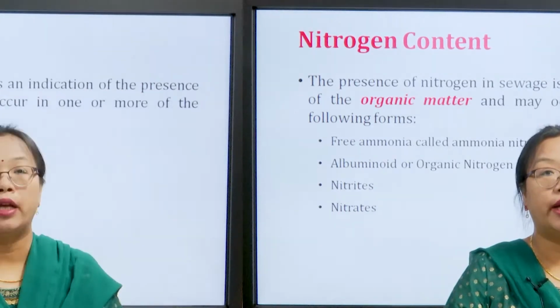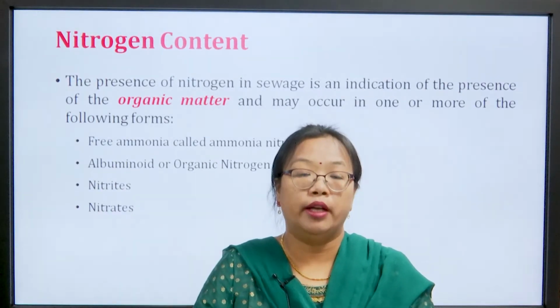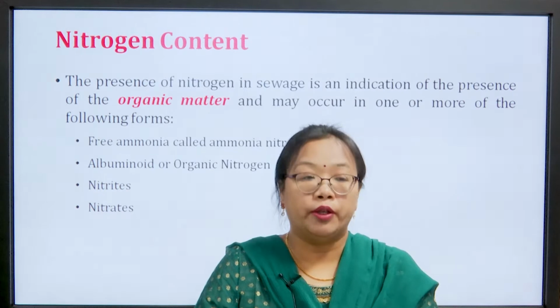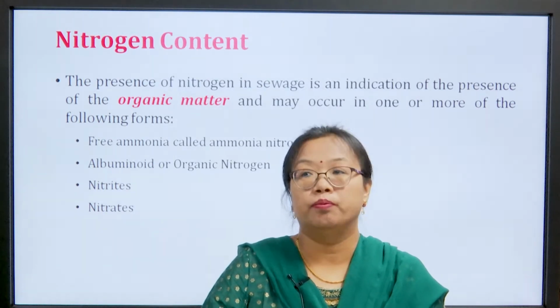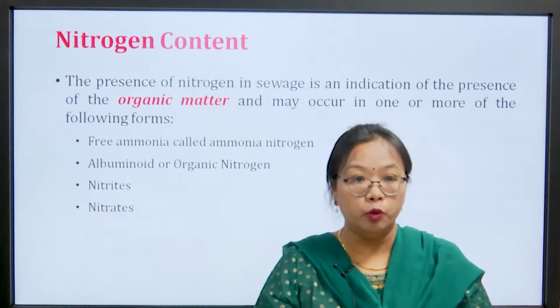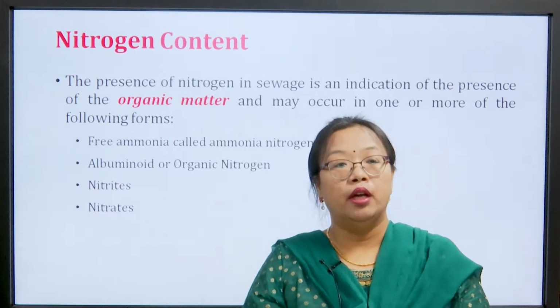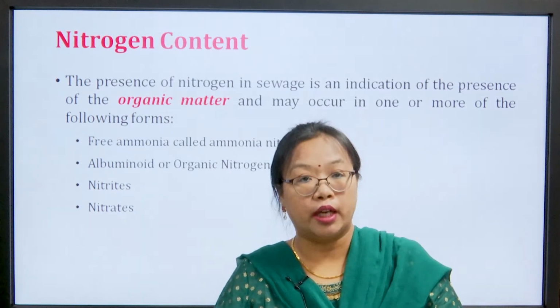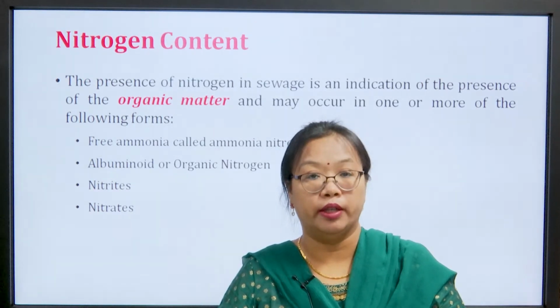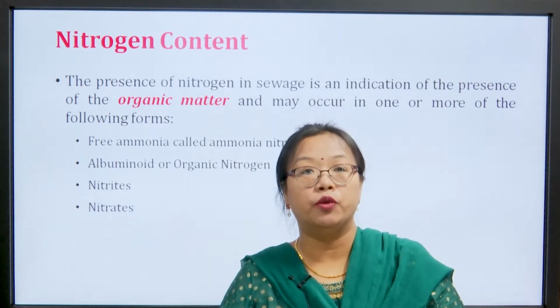Now, let us come to nitrogen content. We have talked in depth about nitrogen content in water. We have already talked about blue baby disease and the types of nitrogen content in water and wastewater. So, I will briefly tell you a little bit more.